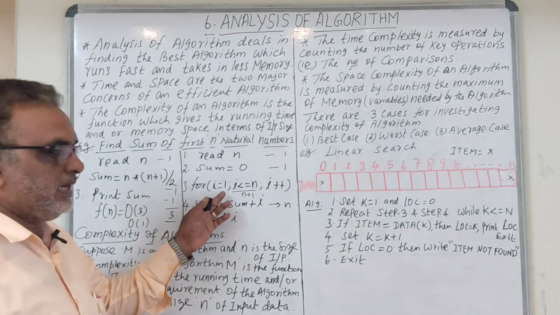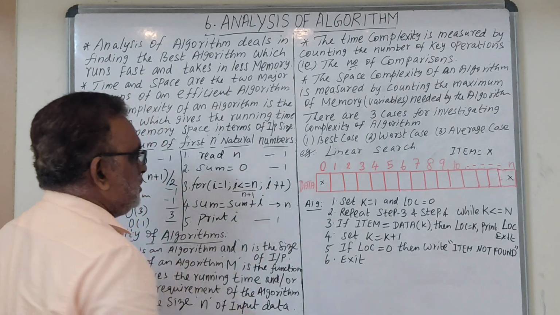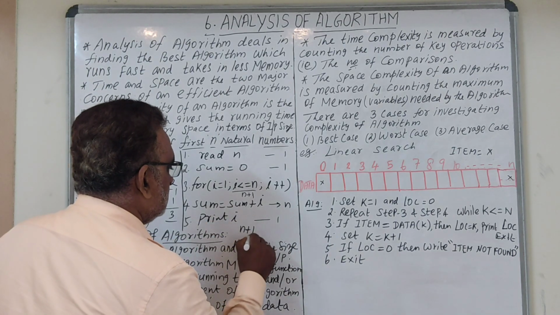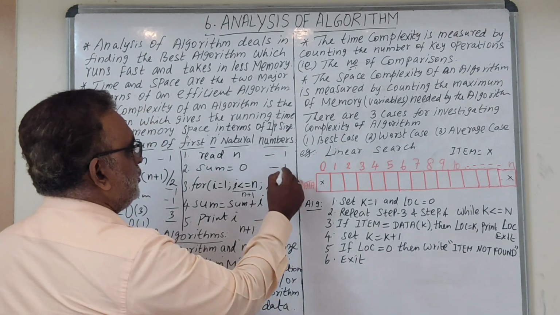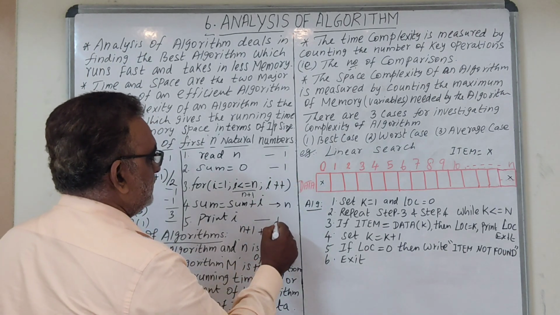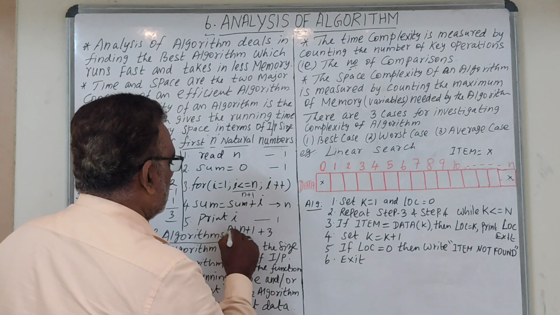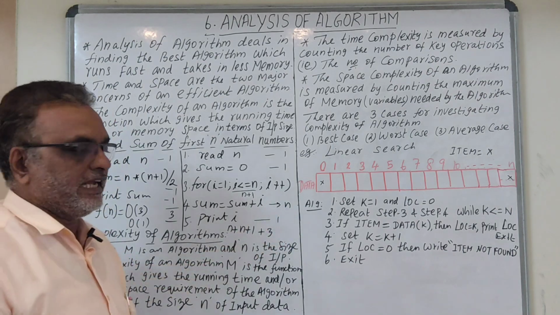That we have to remember. So this will be executed n times and this is executed 1 time. So totally the loop is executed n plus 1 times, then plus 1, 2, 3 times for the other statements, and the statement sum is equal to sum plus i will be executed n times.